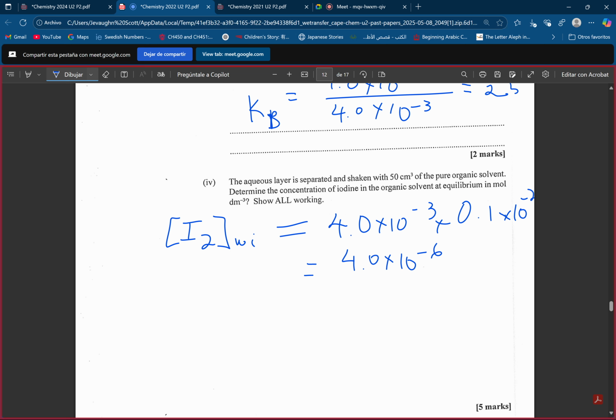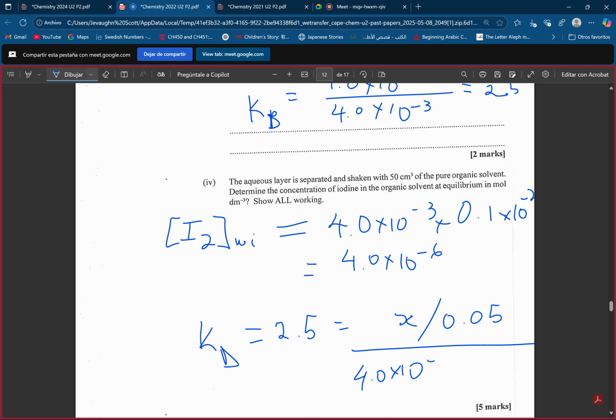So we're going to end up with the same partitioning as before. We're going to look at KD, which is equal to 2.5 from above, which is equal to x, the concentration we're looking for, divided by 0.05, which is the 50 cm³ that we have. And all of that is divided by 4.0 times 10 to the negative 6, and it must be divided by what now?